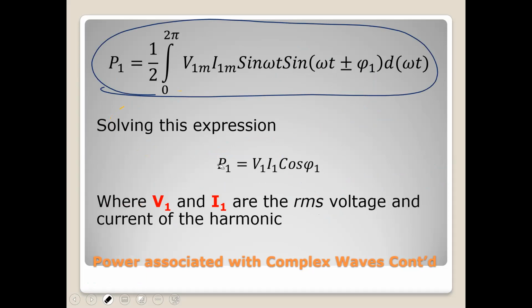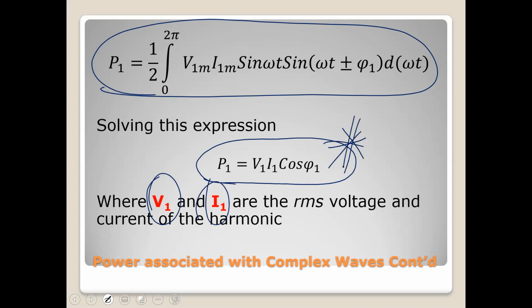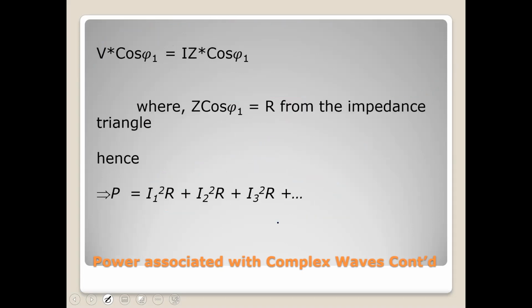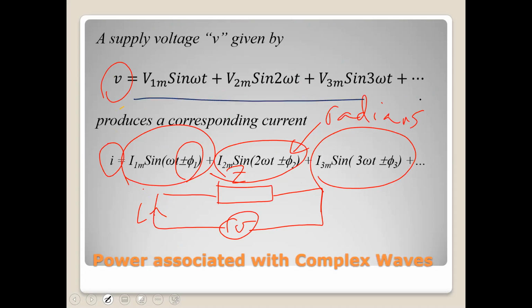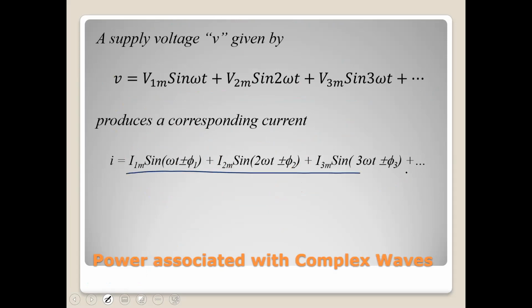When you do that, P1 is going to be given by this expression. However, V1 and I1 in this expression are the RMS values of the voltage and the current. Remember V was given by this expression, and I was given by this expression.